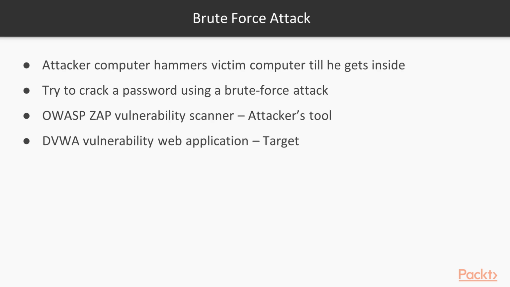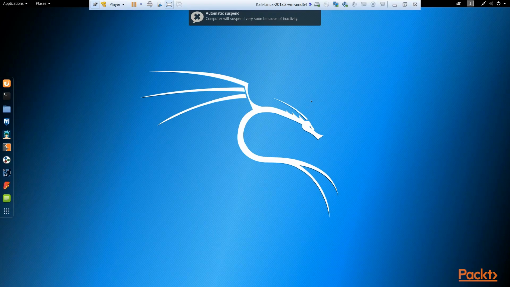For that purpose, I will use the OWASP ZAP vulnerability scanner as the attacker's tool and the Damn Vulnerable Web Application as the target. For this demo, I use two virtual machines. The first one is Kali Linux, the attacker machine, and the second one is Metasploitable 2, where the Damn Vulnerable Web Application is located.